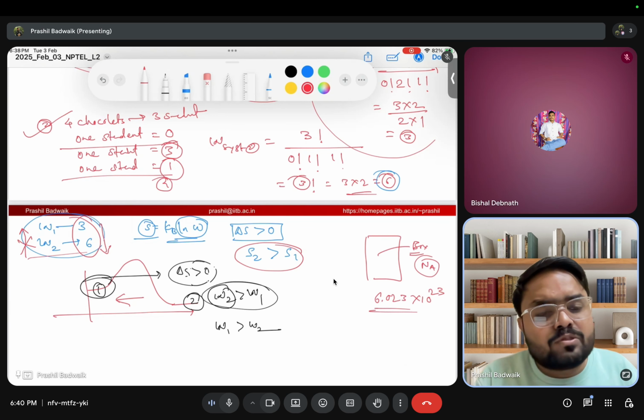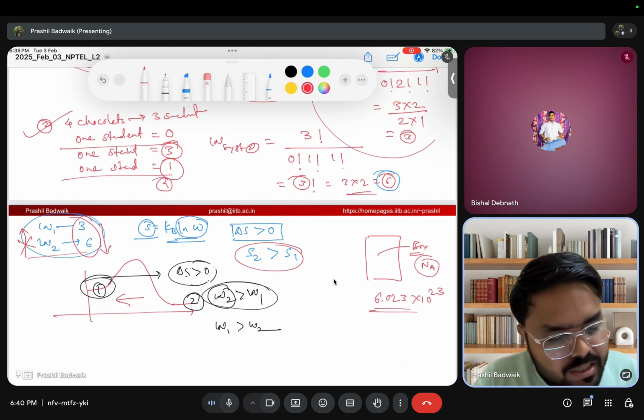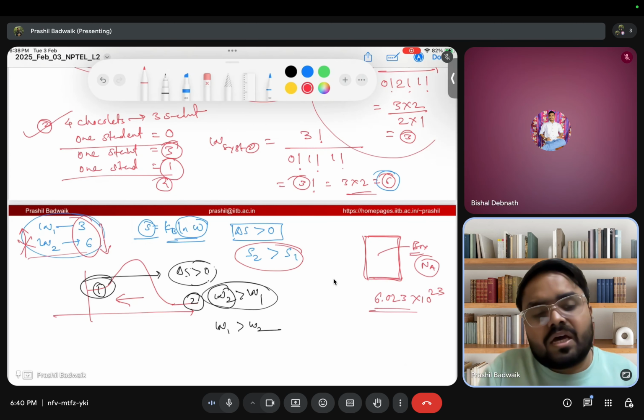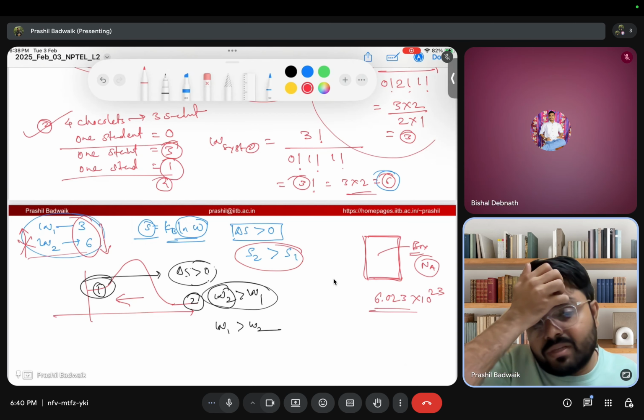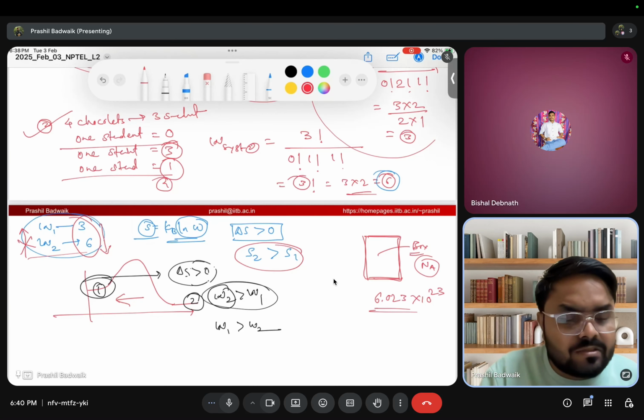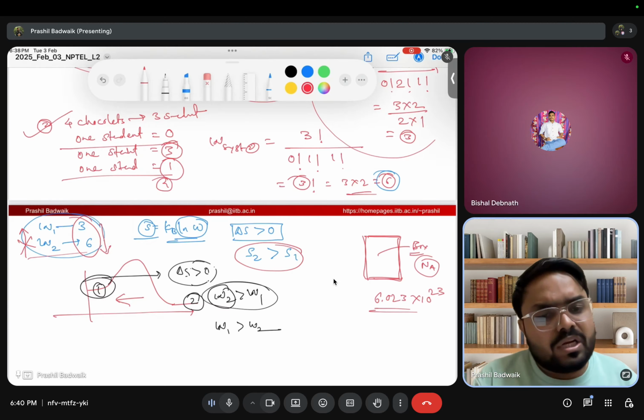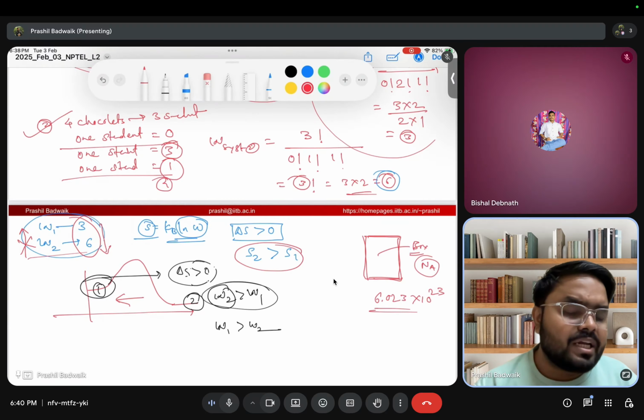And since I have a box, in that box the molecules are interacting with each other. If it is an ideal gas, no interactions will be there. If it is a real gas, there will be some interactions, and based on that interaction there will be some energy. And total energy, we know, is the potential plus kinetic energy.